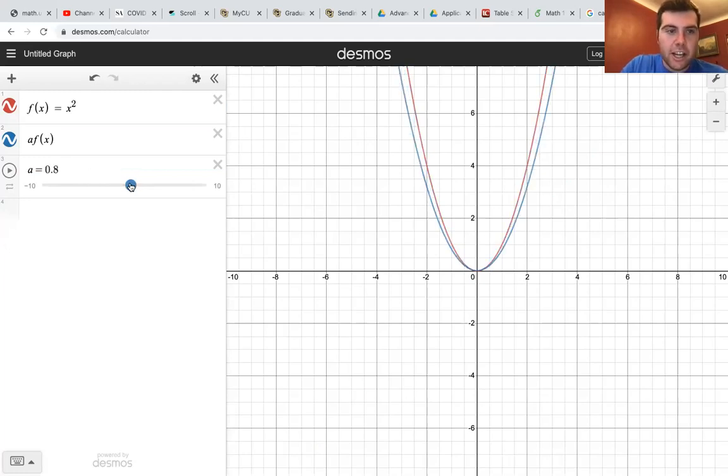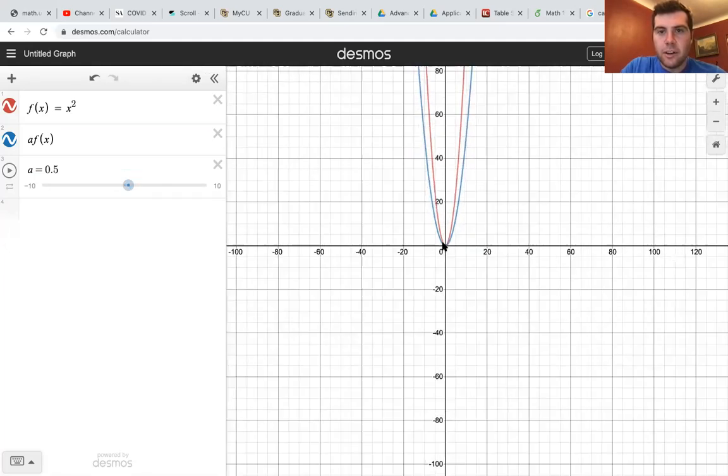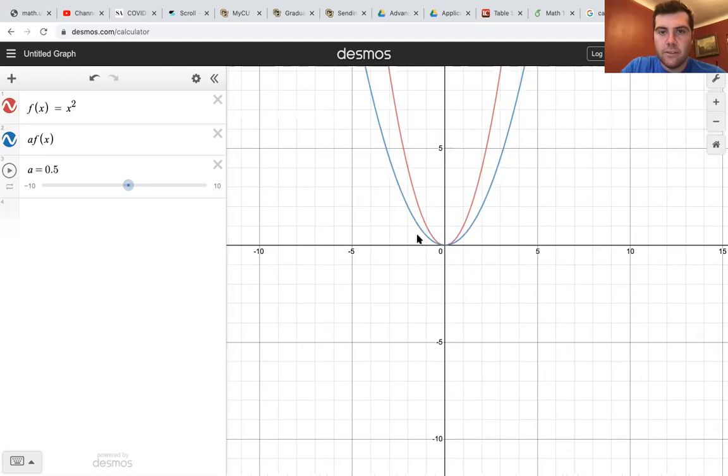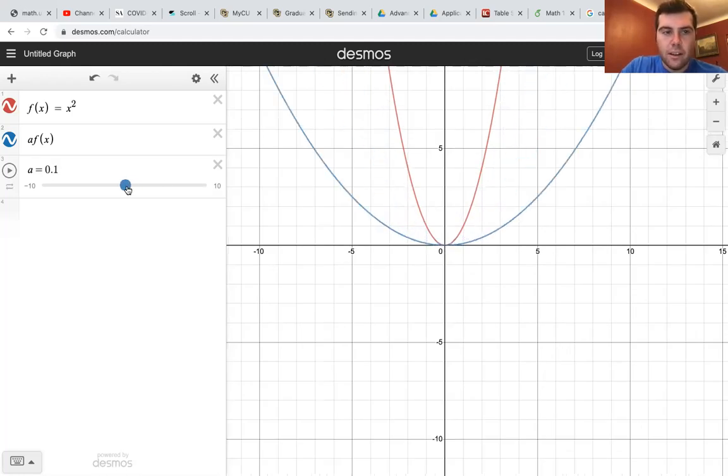But as we change a, we make a 1/2, this resulting blue function is our compressed version. So everywhere you look, it's a little bit smaller. And as a becomes even smaller, it's more compressed. But as a becomes bigger, it gets stretched out.